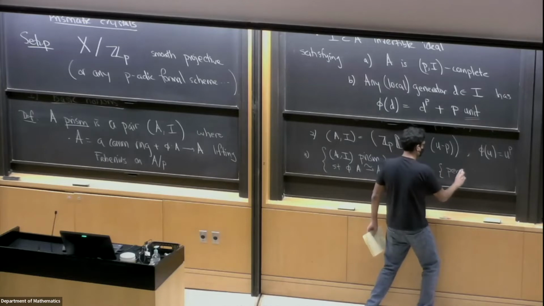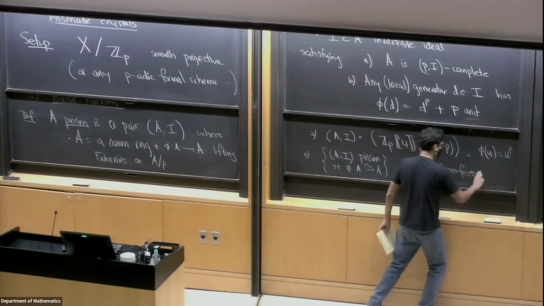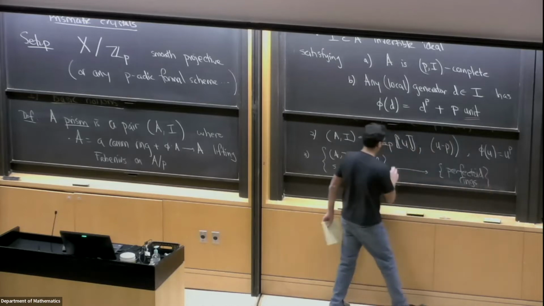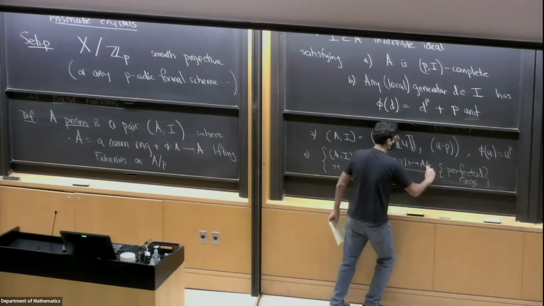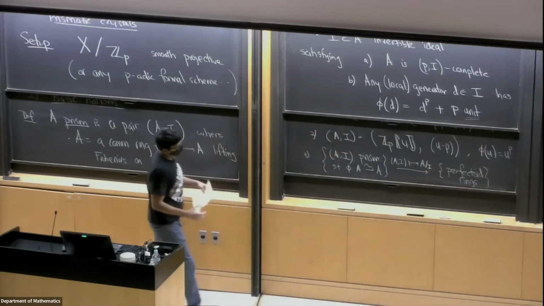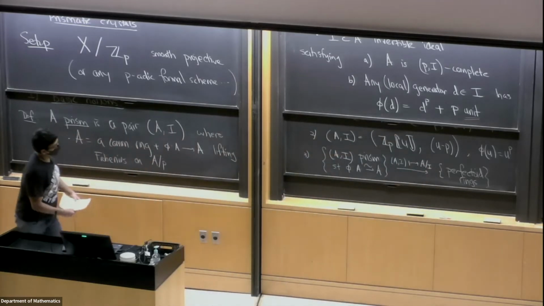So this is the same as the category of perfectoid rings. And the construction is you take (A, I) to A mod I. And so this is an equivalence.